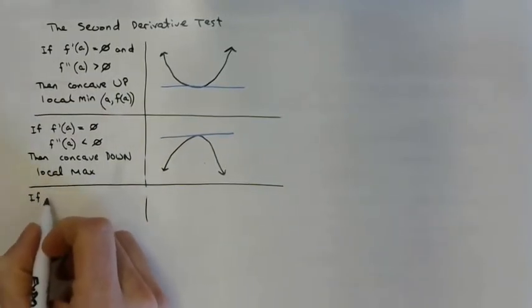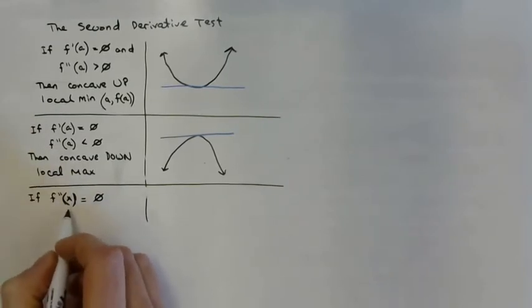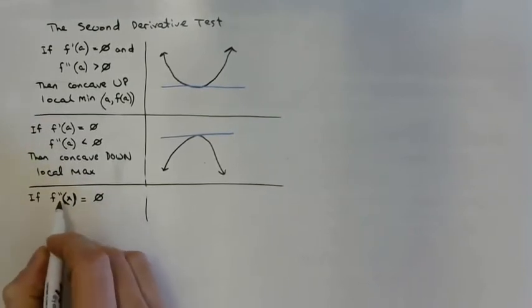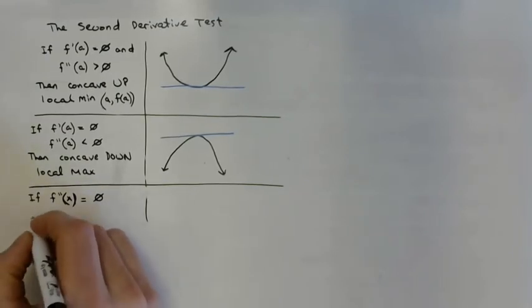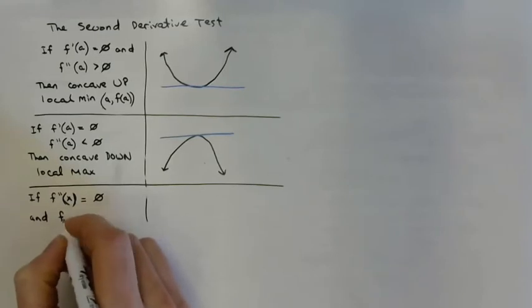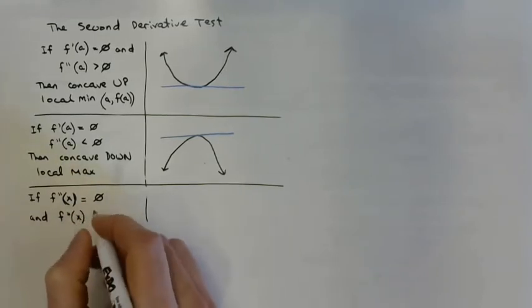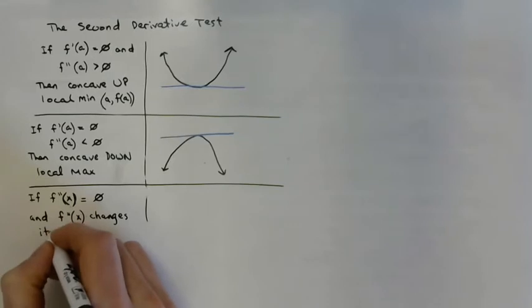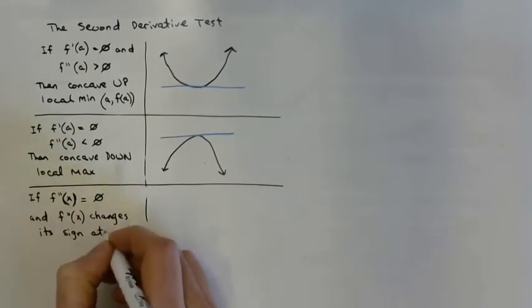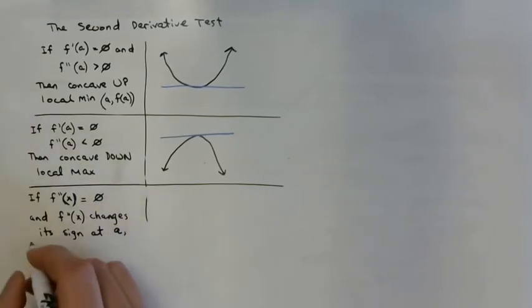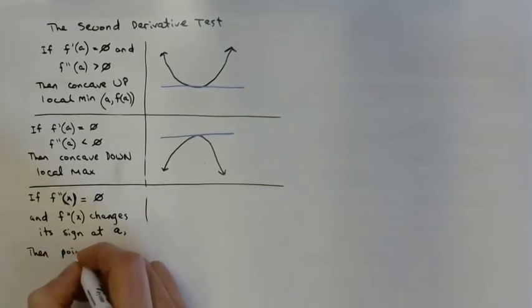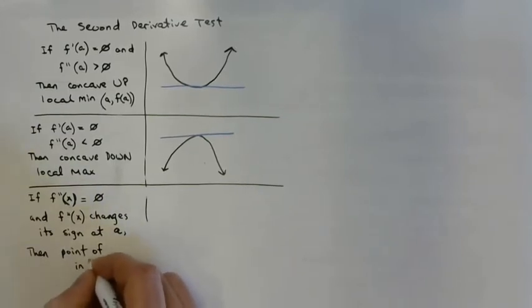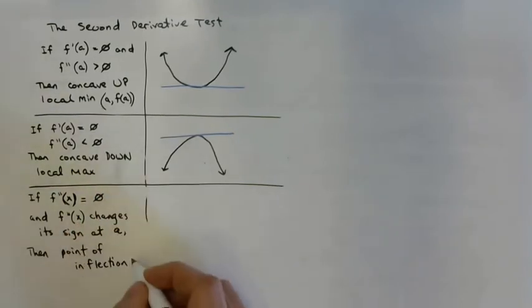Last option, if f double prime of x, the second derivative of the original function, is 0, and f double prime of x changes its sign at a, then there's a point of inflection at a, f of a.